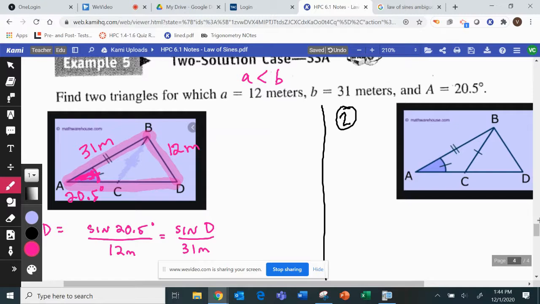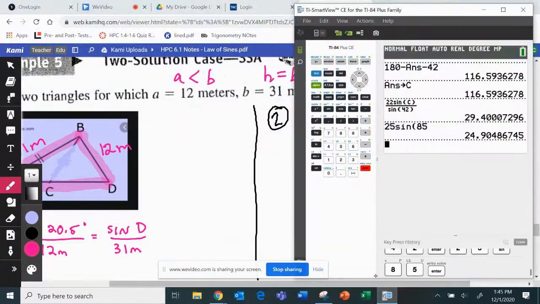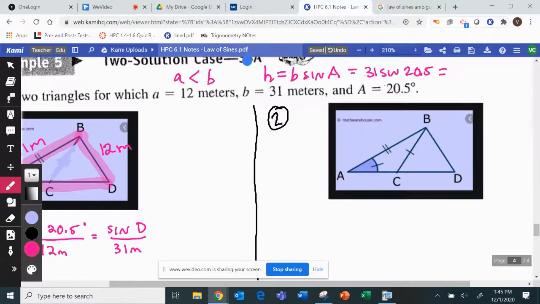So that means we have to find our h, which is b sine A, which is 31 sine 20.5, which is about 10.85, 10.9, something like that.